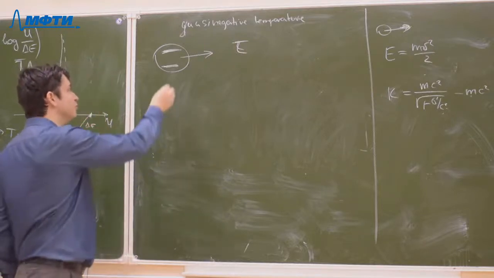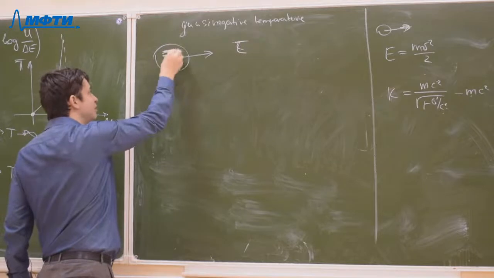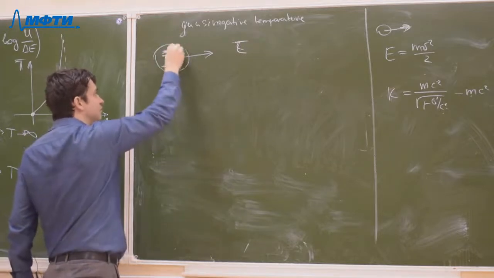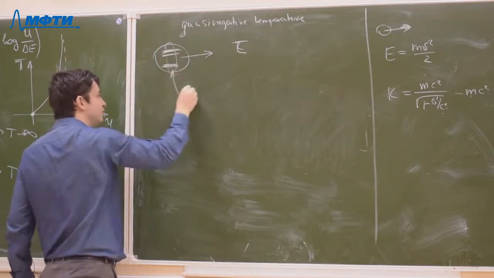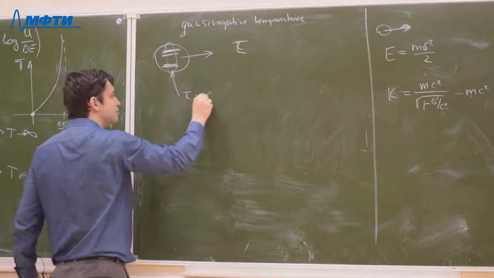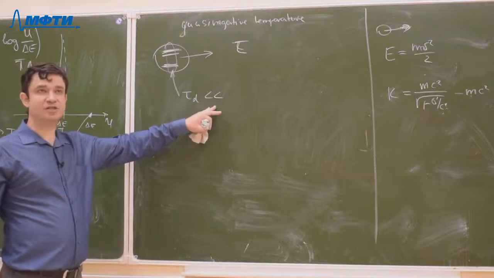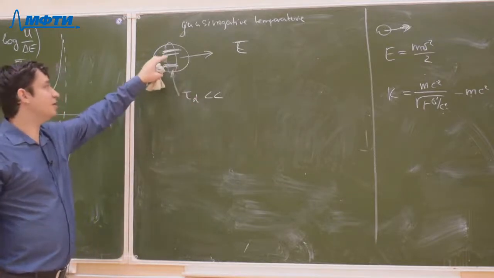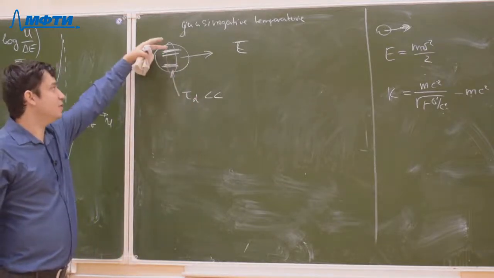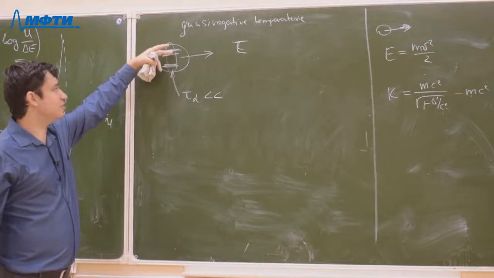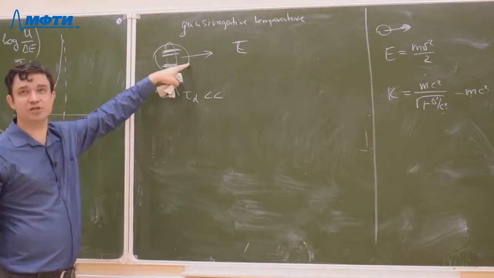So let's assume that for discrete energy levels in this system, the relaxation time tau discrete is much less than the relaxation time which equalizes the temperature of these discrete energy levels and the temperature of translational degrees of freedom.